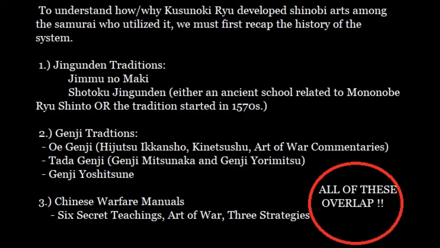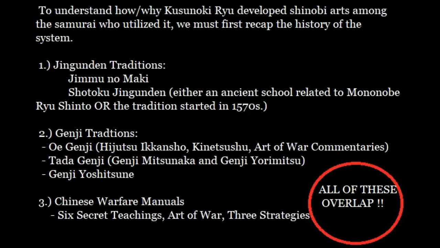Now this can be conceptualized as either the ancient tradition which is related to Mononobe Shinto, or we can even just start with the tradition that we know began in the 1570s. That was in a previous video, we won't recap that here. But basically we're starting with Jingunden traditions, which are the sort of original imperial military traditions.